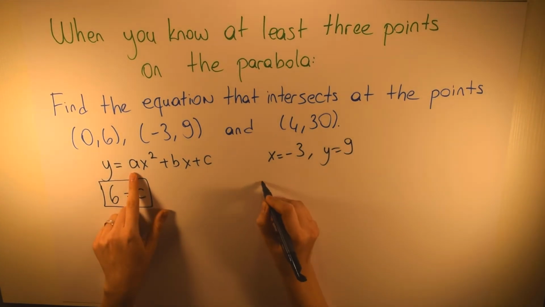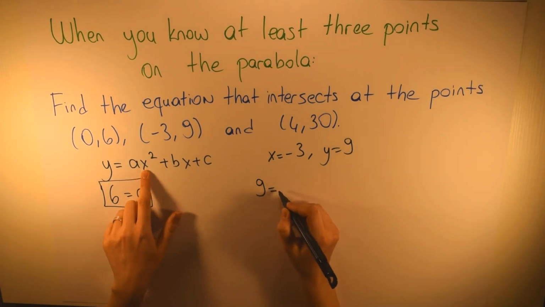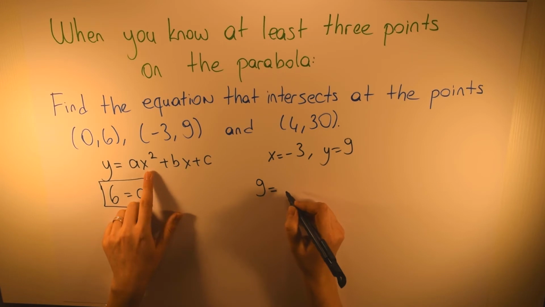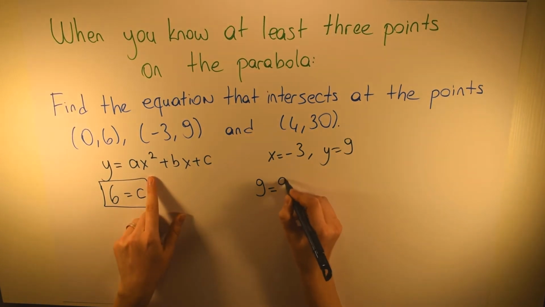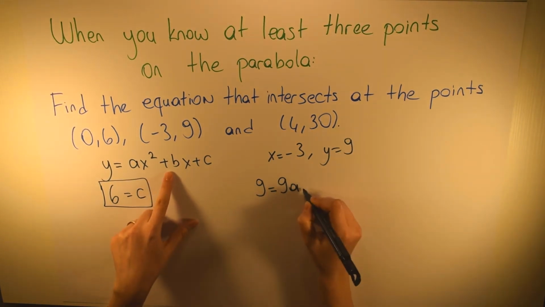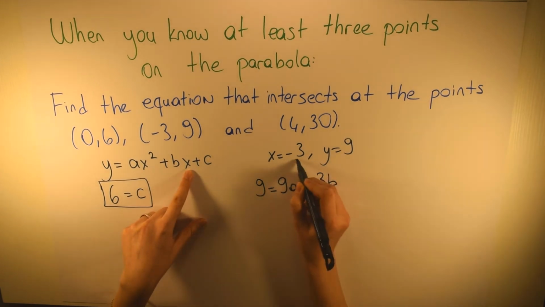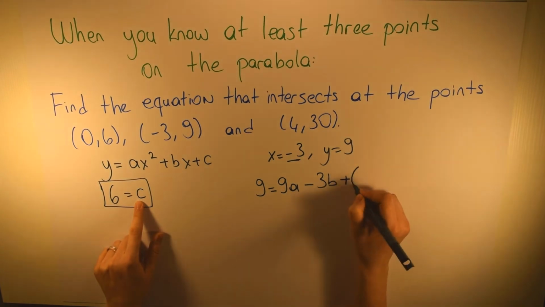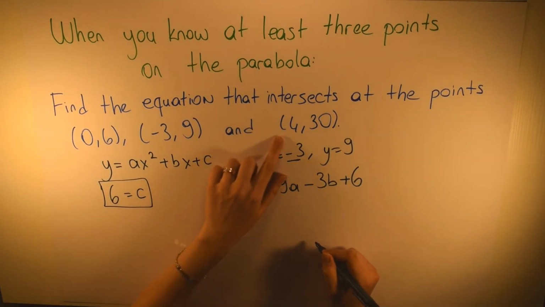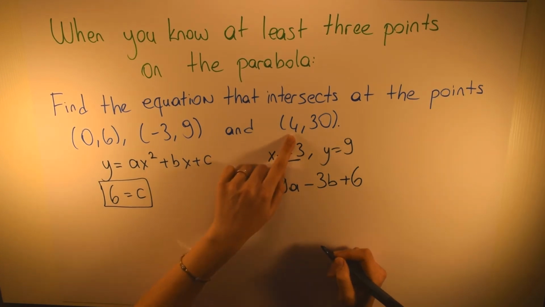So we have 9 is equal to ax squared, so it is 9a, because x is equal to minus 3, x squared will be 9, so it's 9a minus 3b, because x is equal to minus 3, plus c, which is equal to 6. Okay, so let's leave this equation here and then let's look at this one.